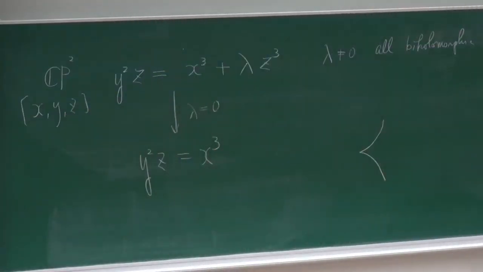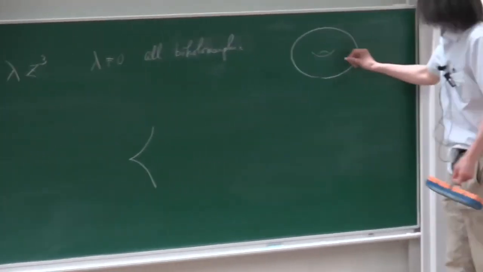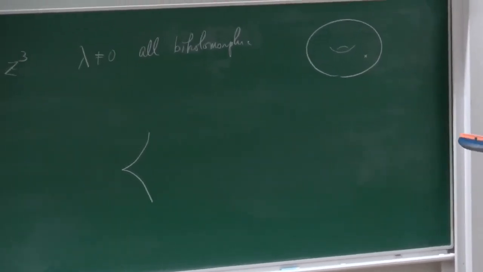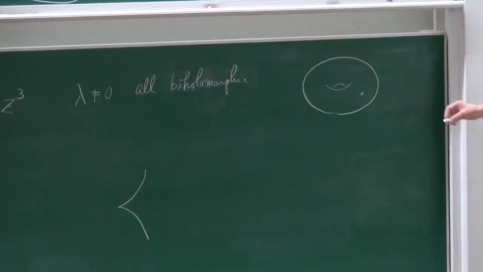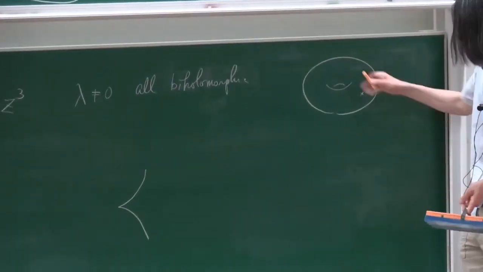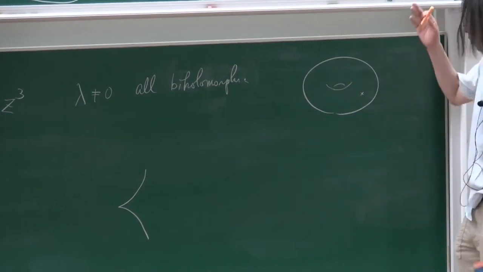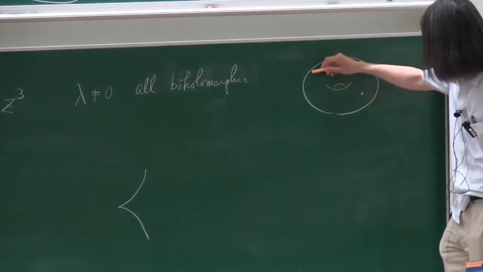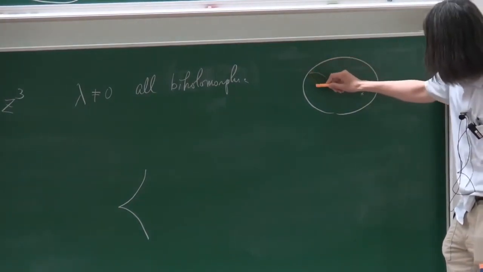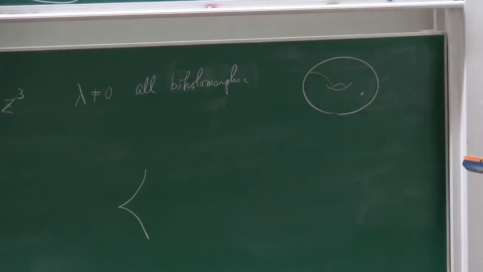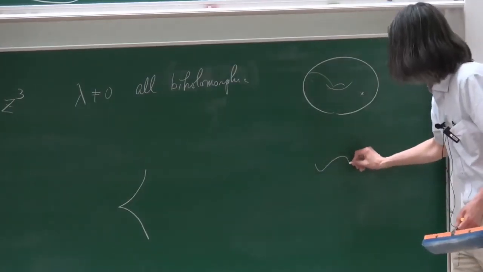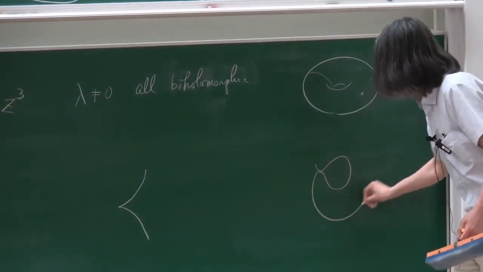Okay. So in the case of elliptic curve with marked points, you have a sequence of metrics, a sequence of Riemann surfaces, and then this kind of closed geodesic may shrink to a point, and then you may end up with these things, right?